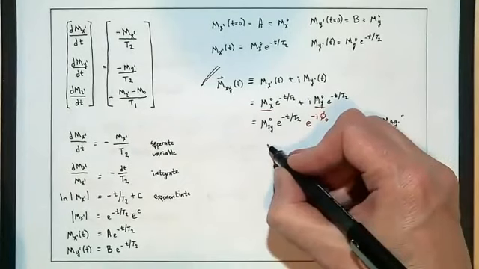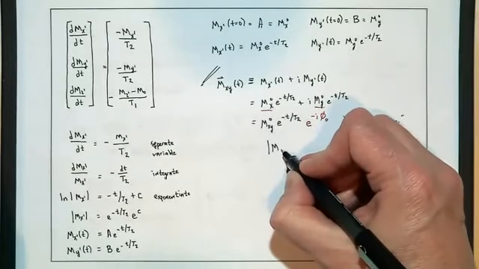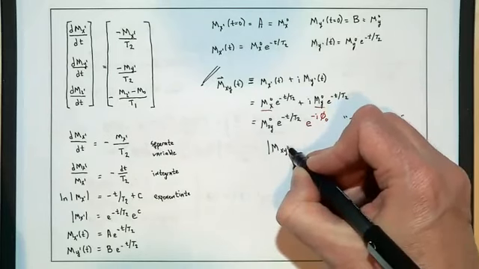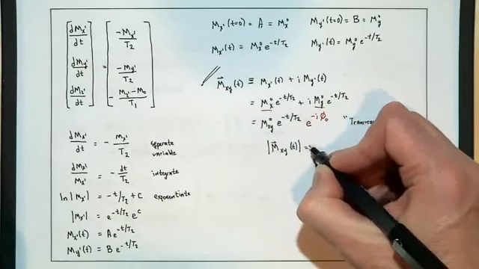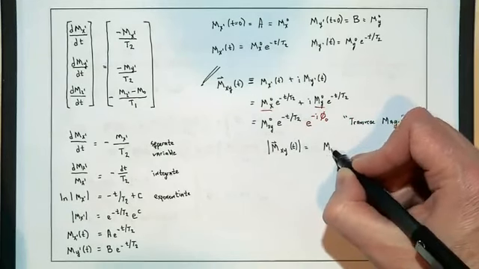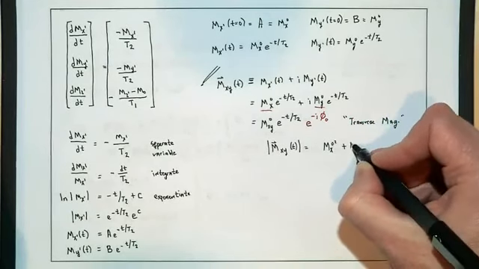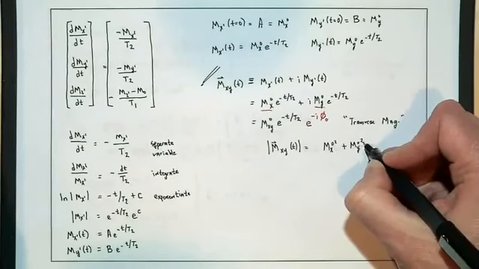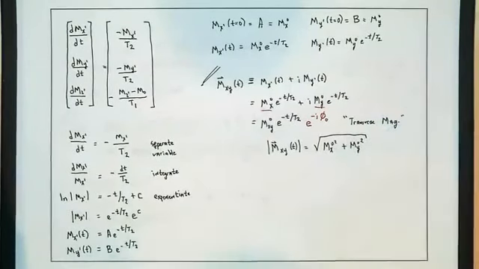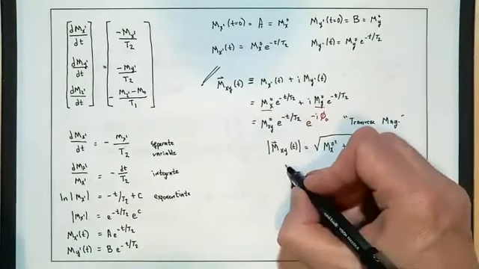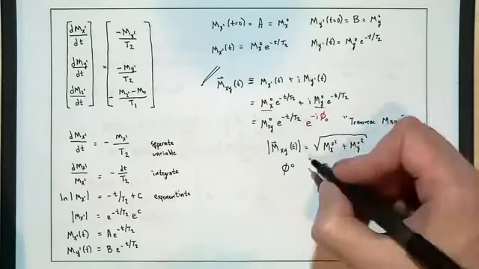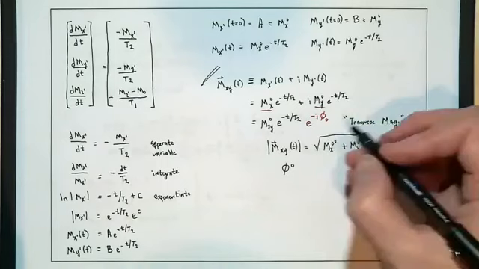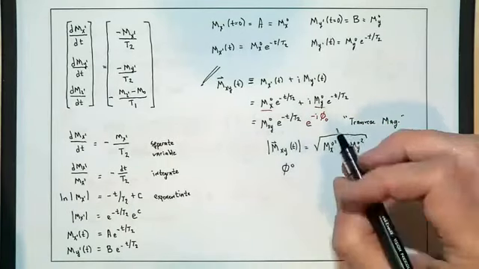And we can recognize that the magnitude of Mxy of time is just equal to the square root of Mx0 squared plus My0 squared. And that the initial phase, if you will, sorry, I wrote this wrong.